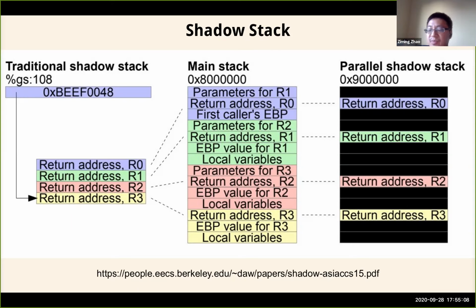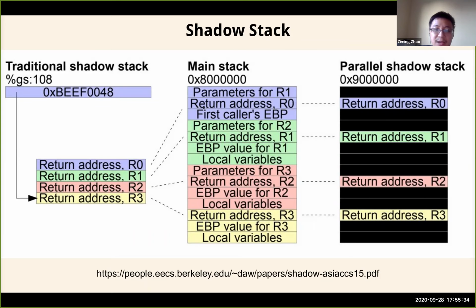So from this paper published only four or five years ago, you can see in the middle of this figure, we have a stack with four nested function calls. They are pushed onto the stack the way we have been describing. This is the high address here, and the bottom is the low address. So let's say function 0 calls function 1.